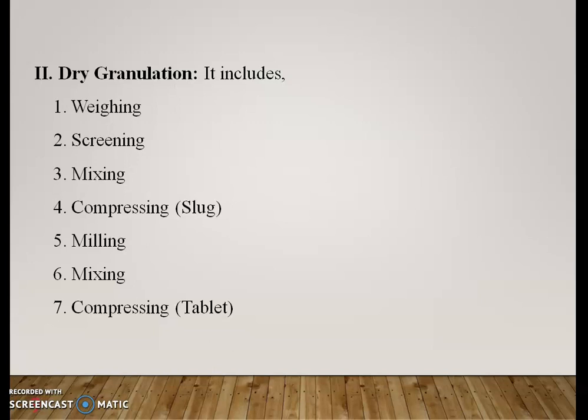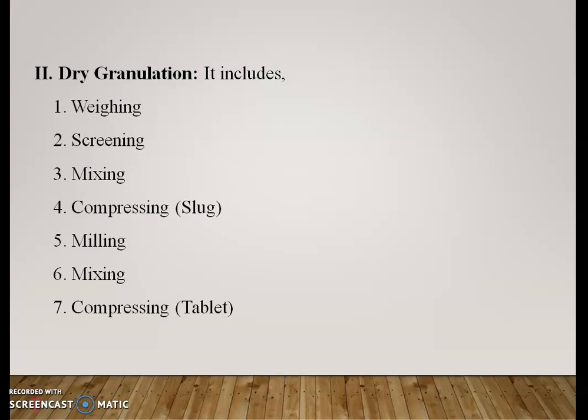It includes weighing of the ingredients. Second step, screening, that is passing these ingredients through a sieve. Then mixing of these ingredients. The fourth most important step is converting these ingredients into a larger tablet, that is the first step of compression, compressing into a slug, a larger tablet. The next step is milling, that is passing through the sieve, then again mixing, and finally compressing into a tablet of the desired size.